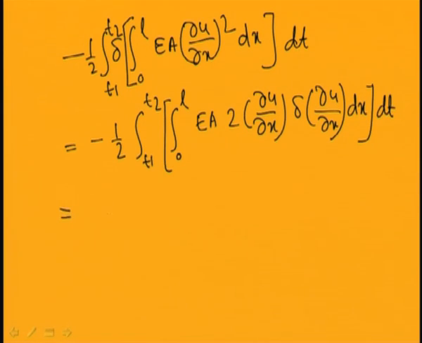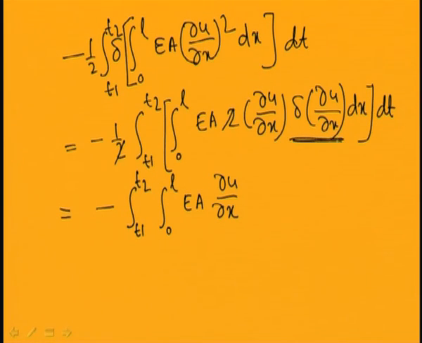So this can be written as minus half, and this 2 cancels, so this half term is not there. So minus integration T1 to T2 0 to L E A del u by del x into, like the previous case, here also we can interchange between this operator and this operator. So I can write this as del by del x of del u dx dt.